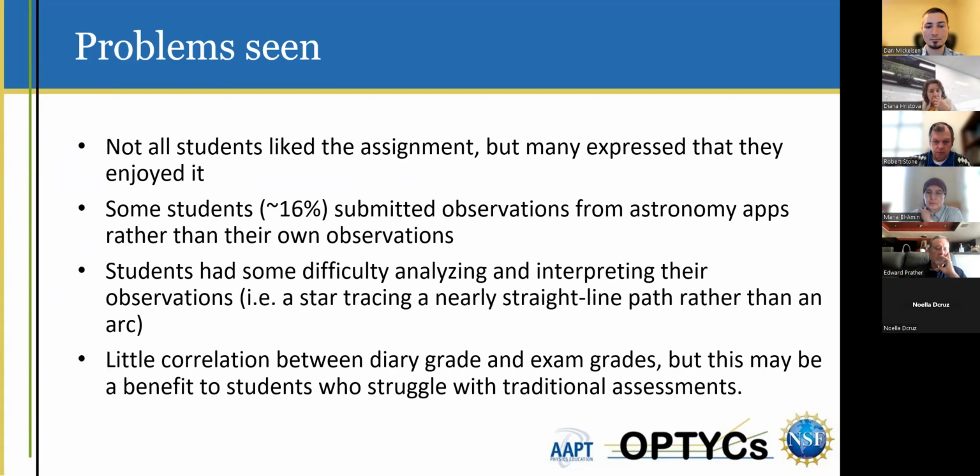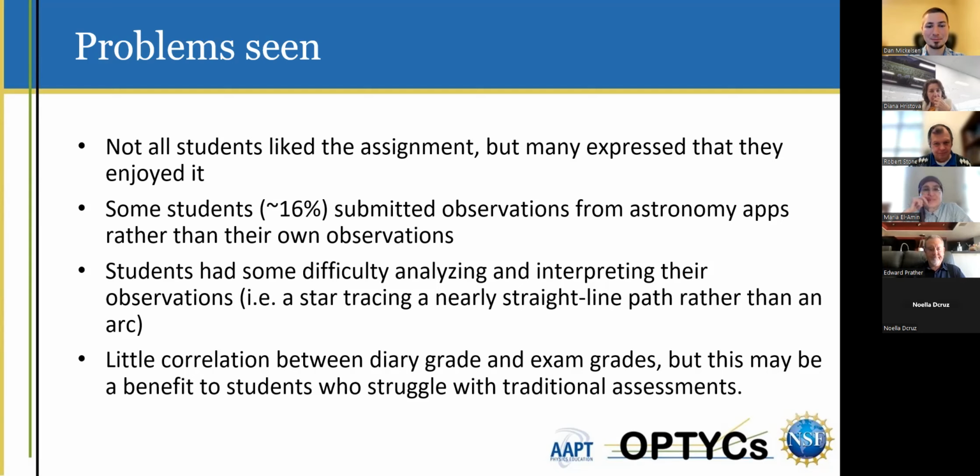They did find a significant number of students, about 16%, submitted observations from astronomy apps rather than their own observations. They did point out, though, that these are fairly easy to tell because sometimes they would, for example, provide observations that were not possible to see in their hemisphere. So it's pretty easy to catch them at times.